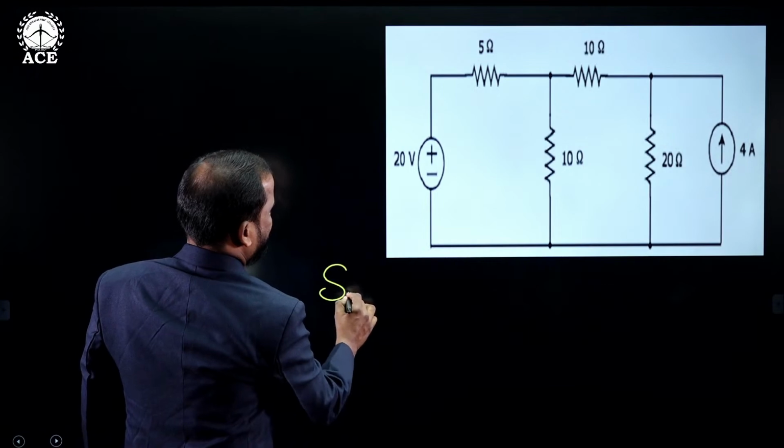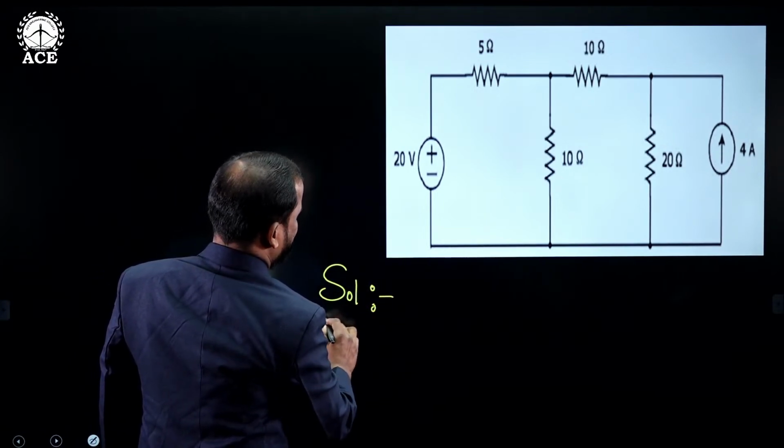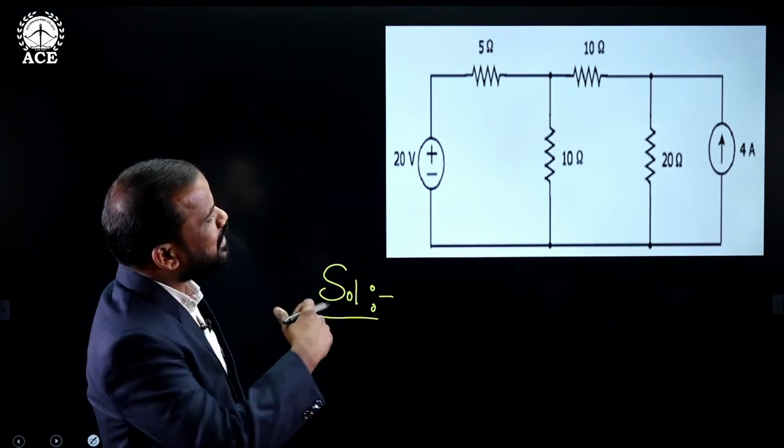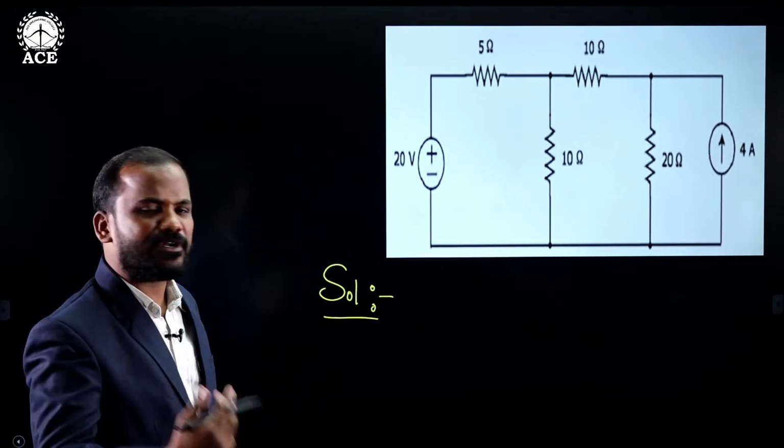Now see here, what is case number 1? Case number 1 is when the 20 volts voltage source is acting alone, then the 4 ampere current source is acting as an open circuit.